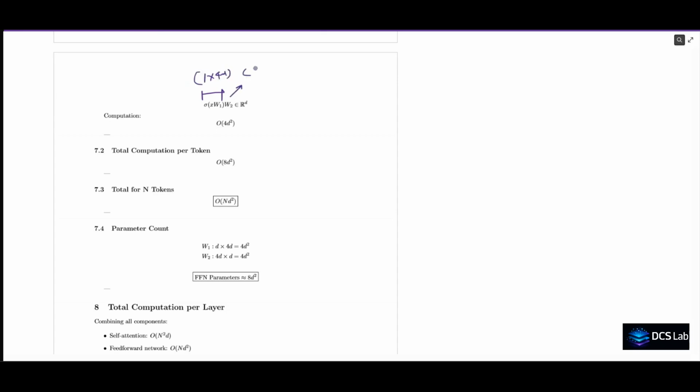And W2 is again 4D cross D. The resultant cost will again be the product of these values, so 1 dot 4D dot D, which is equal to order of 4D square, okay? And the resultant matrix here will have a dimension 1 cross D. It's simple, right? So 1 cross D will be the dimension of the resultant matrix.